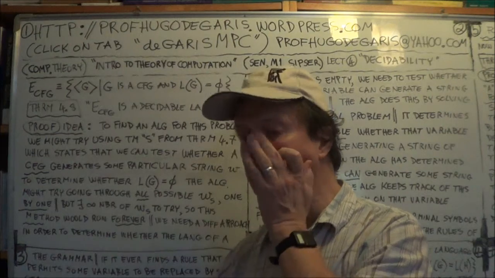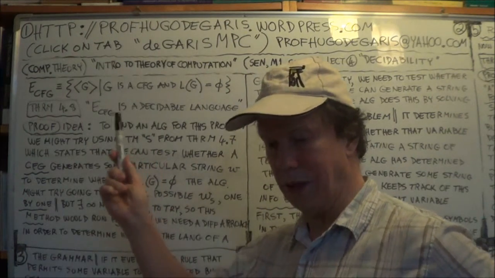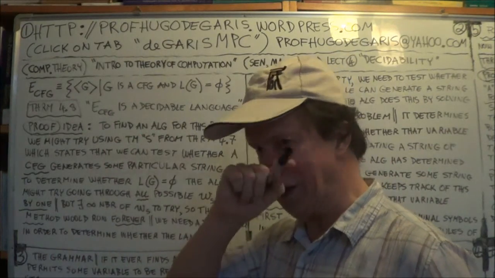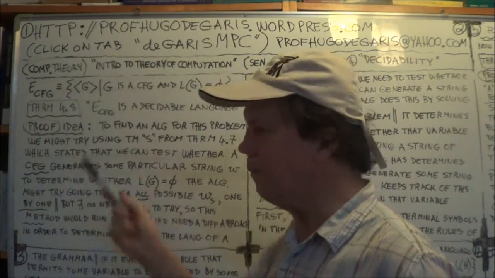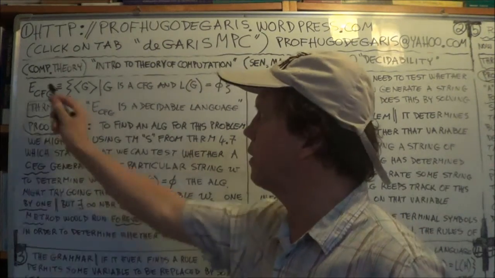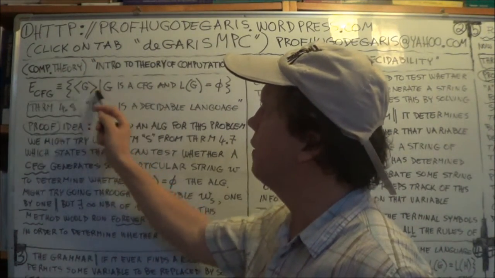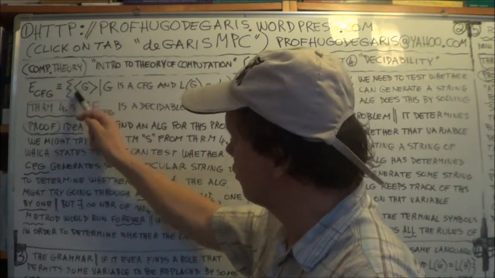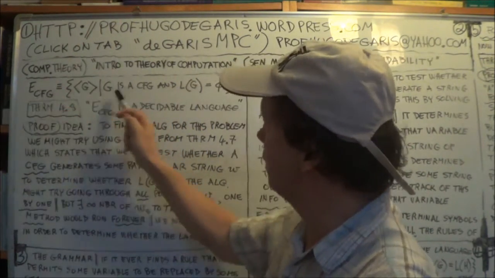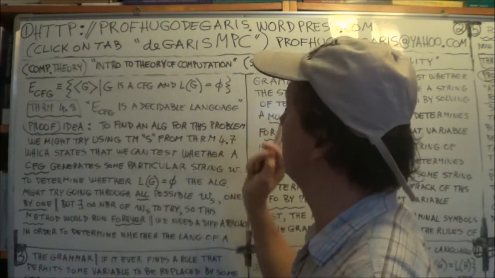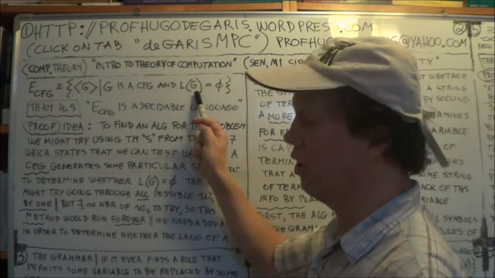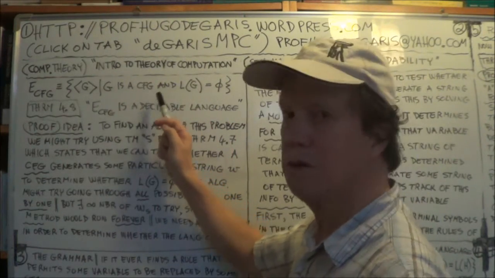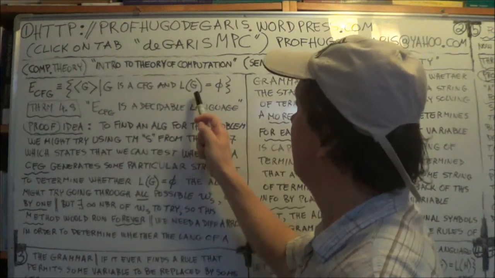And you translate that into a language-type question, a membership question. Yes or no? Is this string a member of this language or not? If it is a member, the condition is that it satisfies this property: the language generated by the grammar G, it has to be a context-free grammar, is empty.